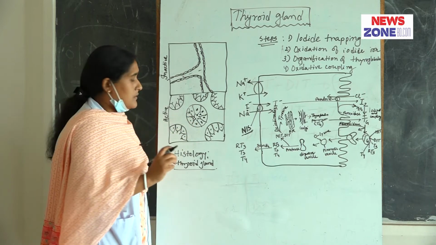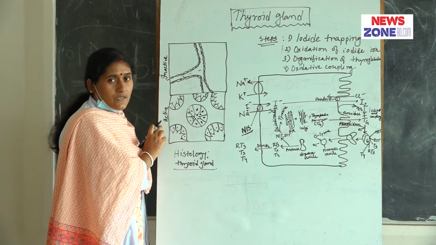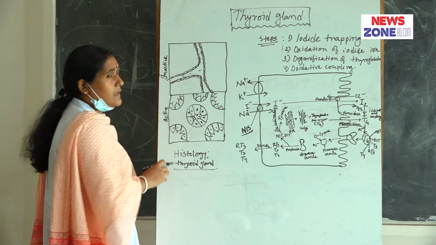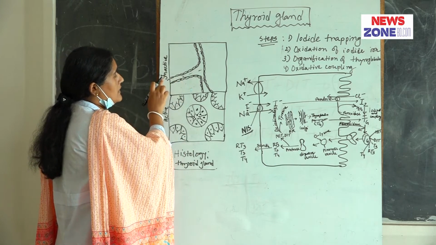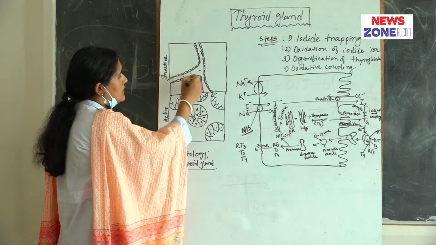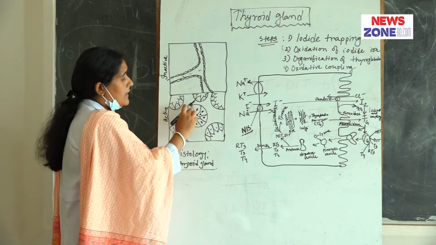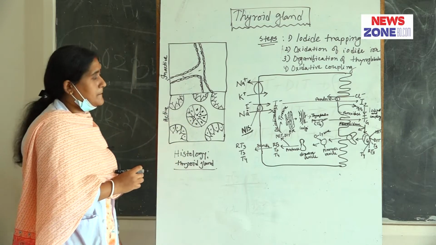Number three, the lining epithelium of the follicle in the inactive stage is flattened epithelial cell, but in the active stage it is either cuboidal or columnar.